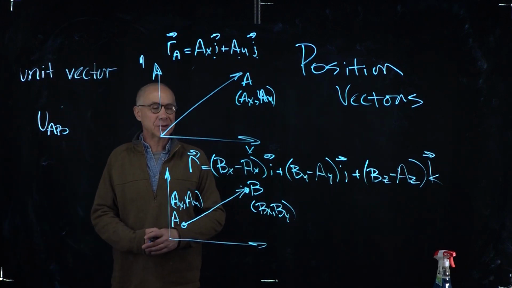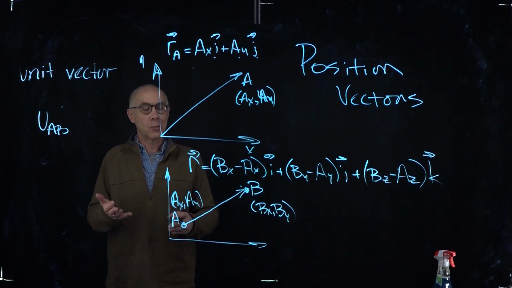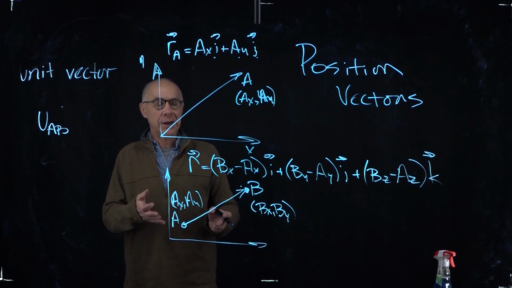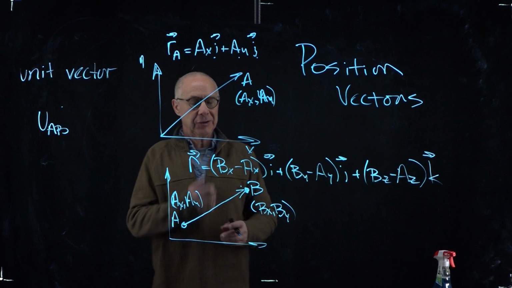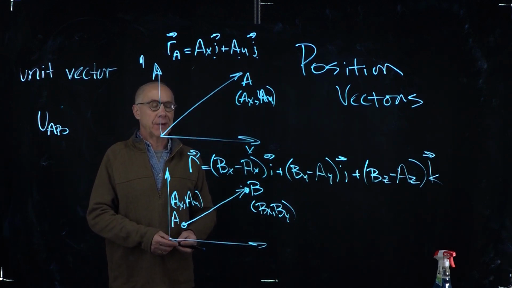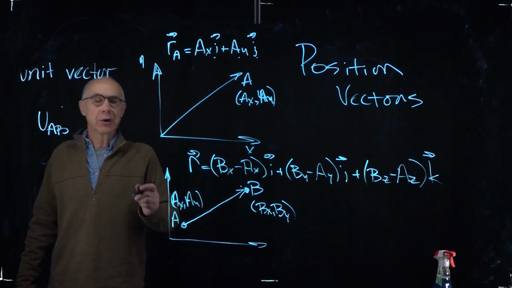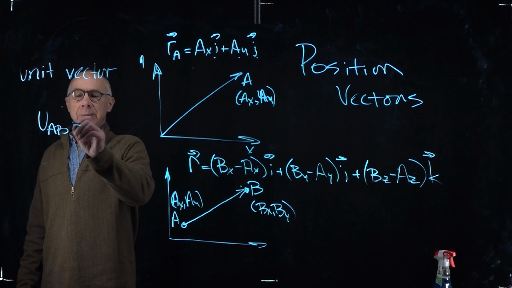So how do we go from a position vector, which has a magnitude that's not 1, to one that has magnitude 1? All we're going to do is divide this vector by the magnitude of the vector itself.